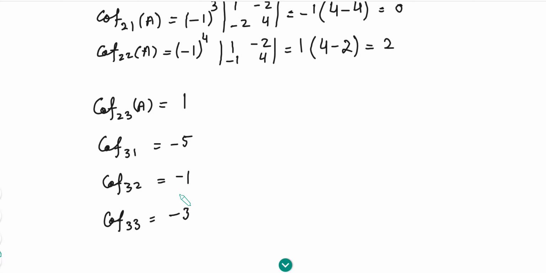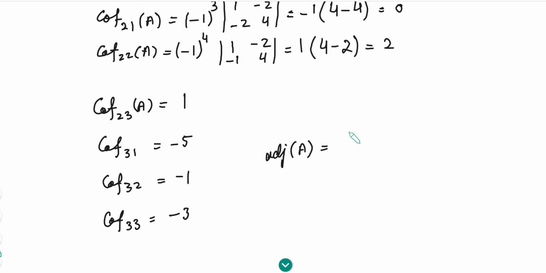Okay, good. Now we have all the cofactors. Our adjoint, I'm going to write over here, adj of A. For example, 2, 3 means second row, third column.